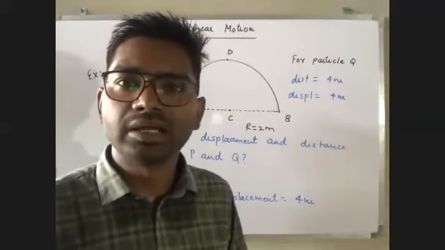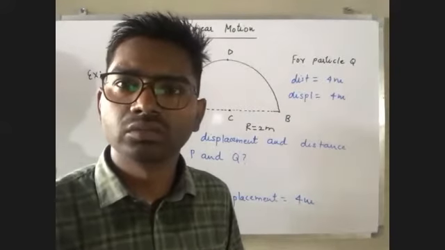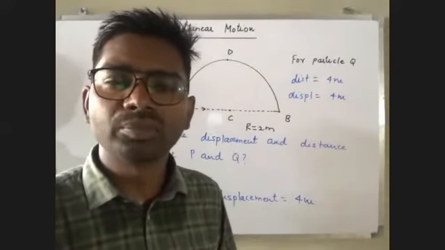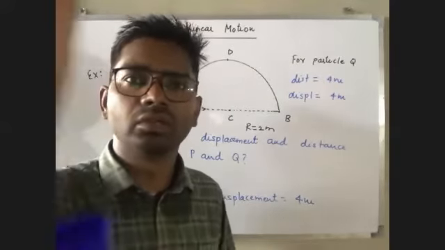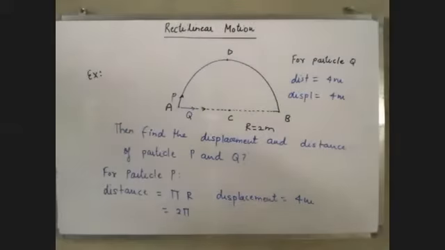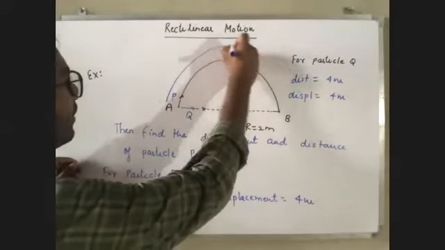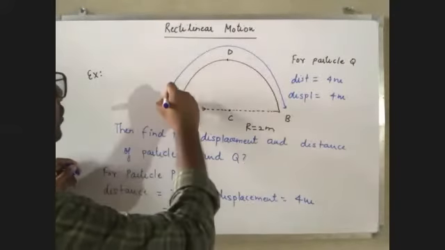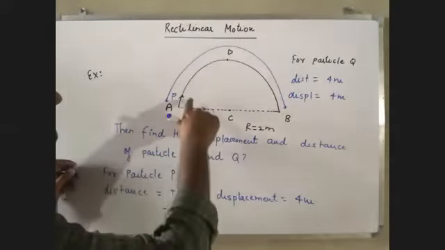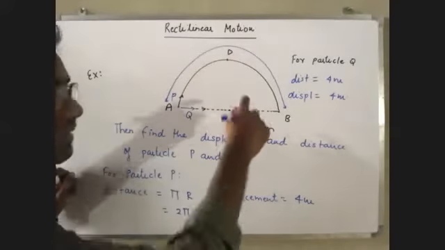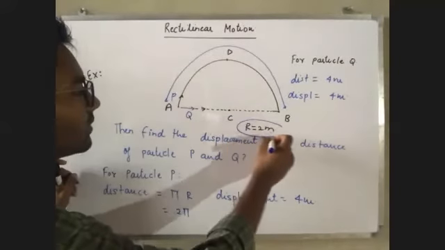I didn't get that partial P. It is not partial, it is particle. Look here. Particle P is moving along this path. So what is going to be the length of this path? Can I say pi into r, because this is a semicircle with radius given as 2 meters?